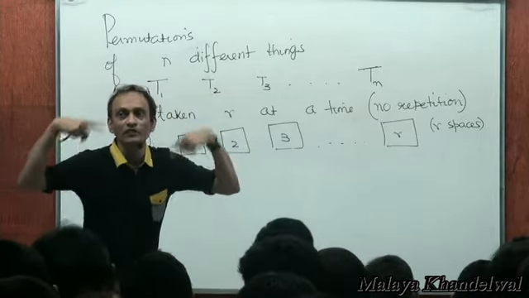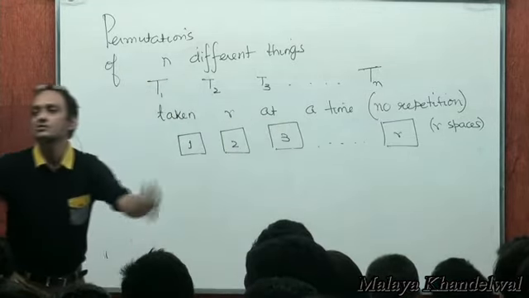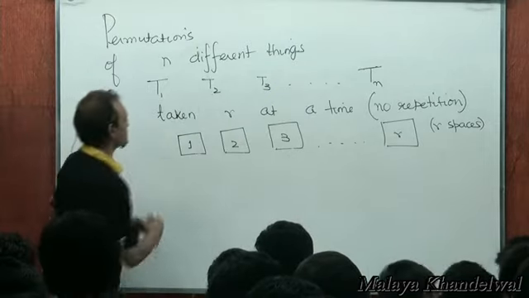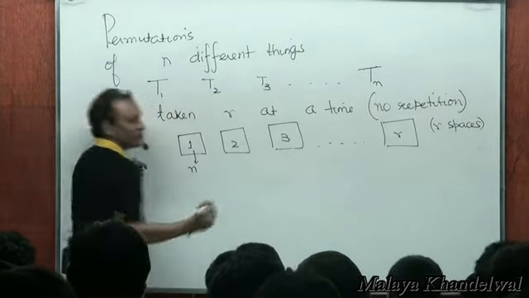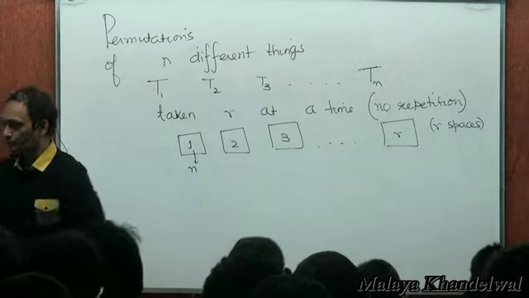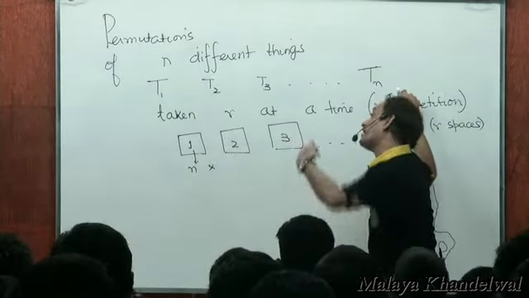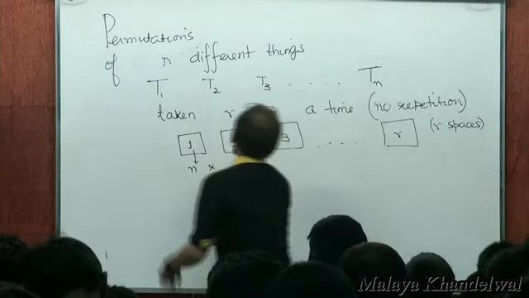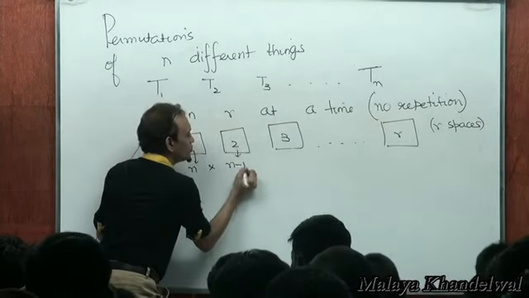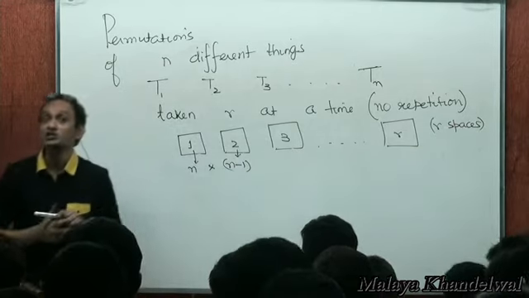N ways. Any one of the n things without biases could be used to fill up the first space. N ways of filling up the first space. Yes or no? Yes, sir. Now I've used one of these n available. How many left for filling up the second? N minus 1 could be used towards filling up the second space.